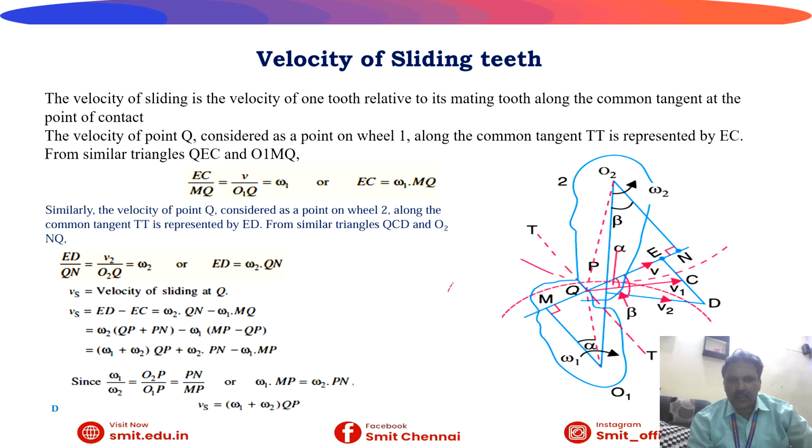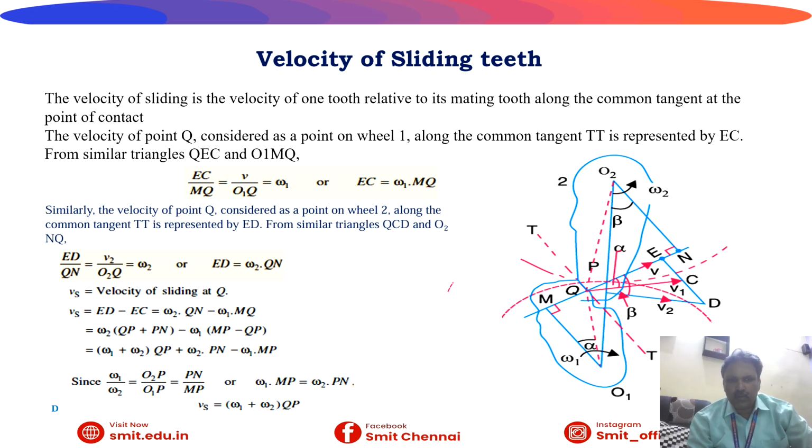Vs is nothing but the velocity of sliding at Q. From the sketch we can write Vs equal to ED minus EC, which is omega 2 into QN minus omega 1 into MQ, using the two simplifications we already derived.